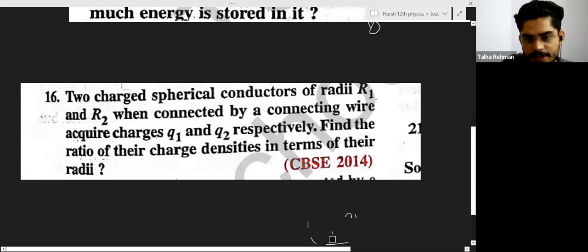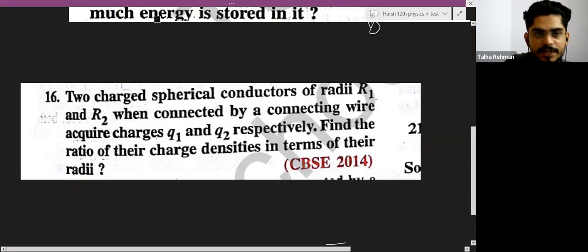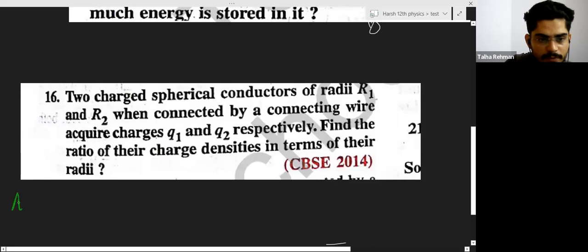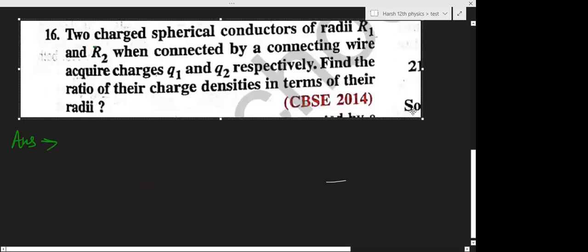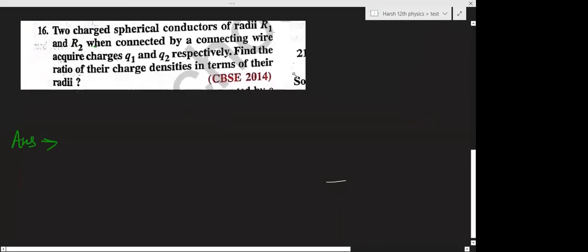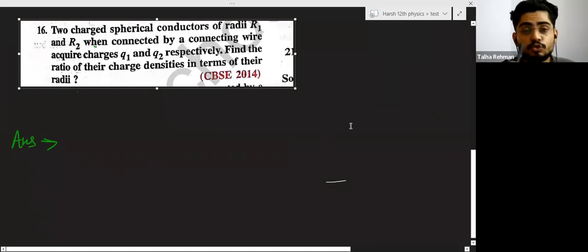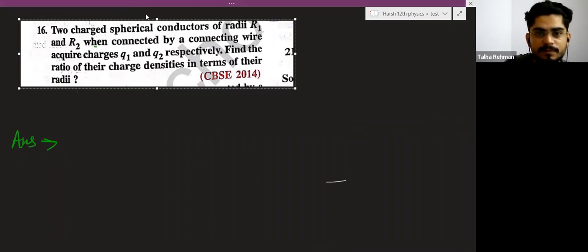So see the question: there are two charged spherical conductors of radii r1 and r2 when connected via a connecting wire. What happens?